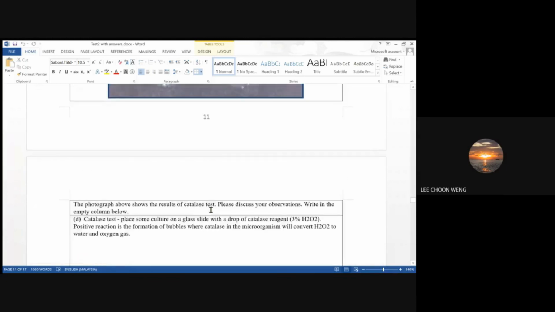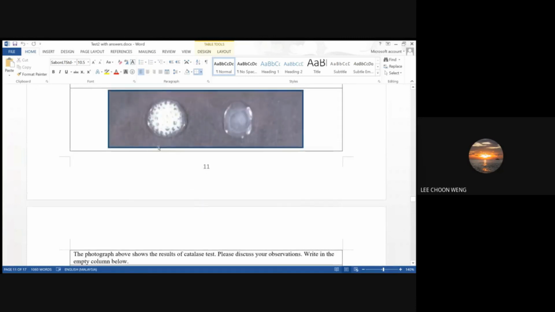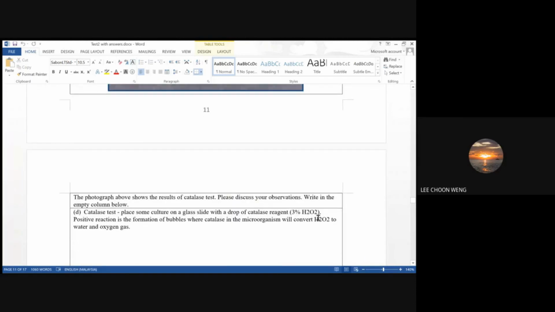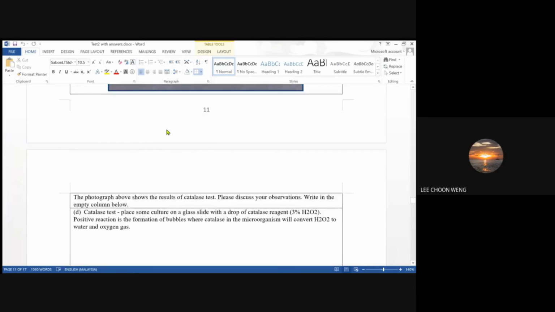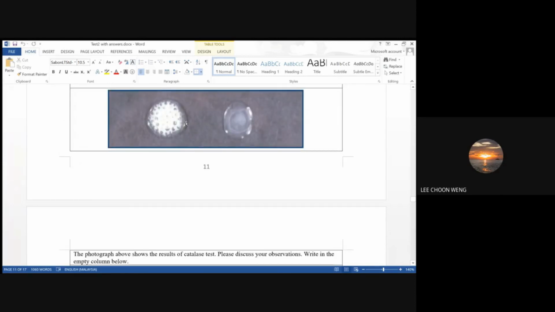Here is a typical catalase test. Okay. So for a catalase test, the reagent is 3% hydrogen peroxide. You drop the reagent onto your colony.